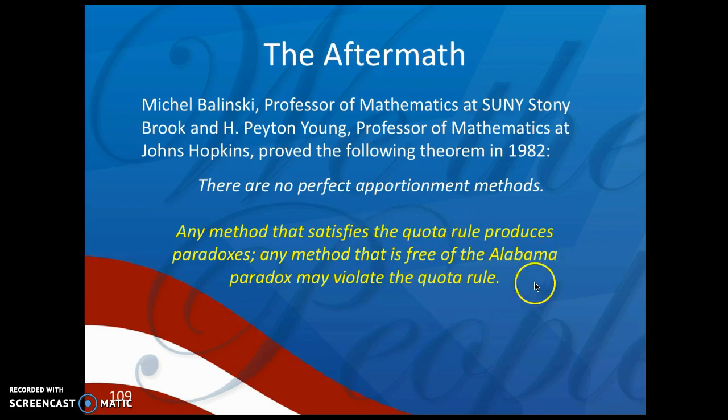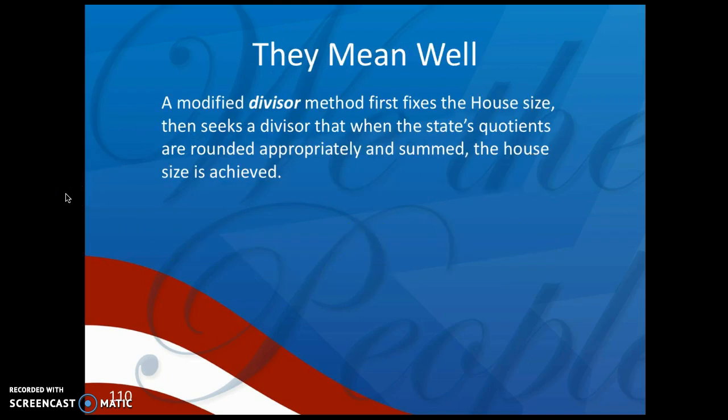Jefferson's method will never violate the Alabama paradox, but it could violate the quota rule. So unfortunately, these two mathematicians proved there's no perfect system. But that doesn't mean there might not be systems that are better than another one.